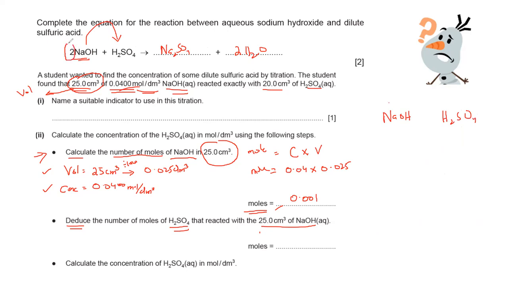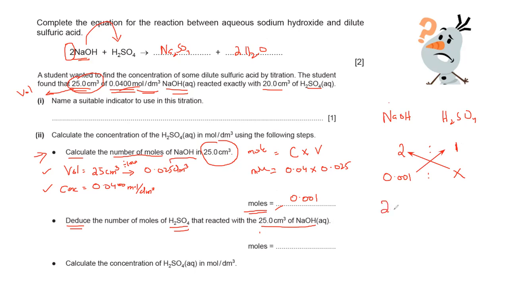If there are 2 moles of sodium hydroxide, there should be 1 mole of sulfuric acid. But in the question, how many moles of sodium hydroxide are there? We have 0.001 moles. So how many moles of sulfuric acid will there be? X. So we cross multiply. 2 multiplied with x, and 0.001 multiplied with 1.